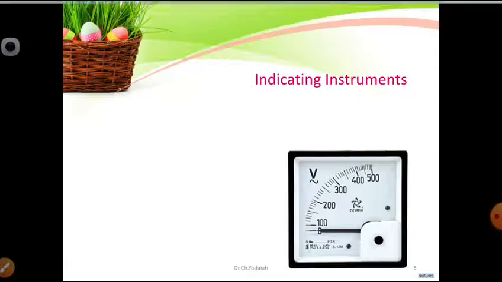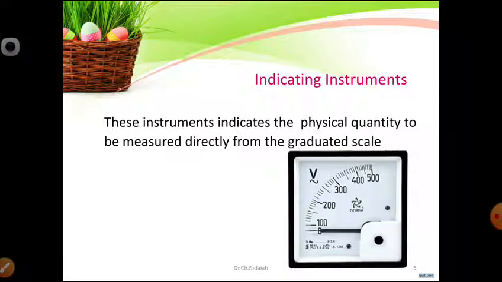Let us see the definition. These instruments indicate the physical quantity to be measured directly from the calibrated scale. This is one thing you have to remember. Otherwise we can say it indicates the magnitude of an electrical quantity at the time when it is being measured.